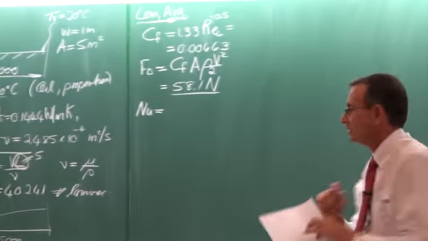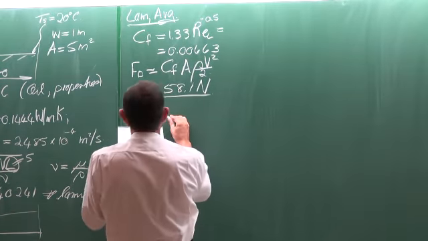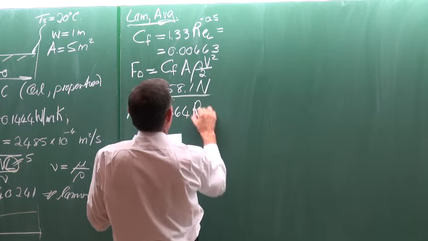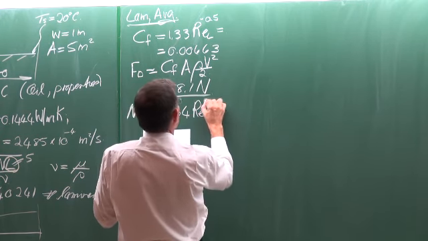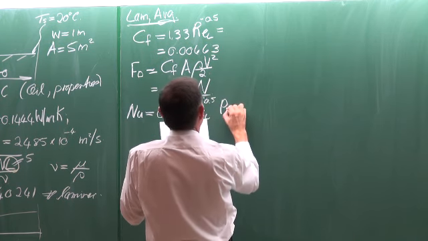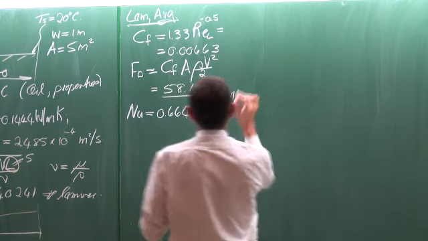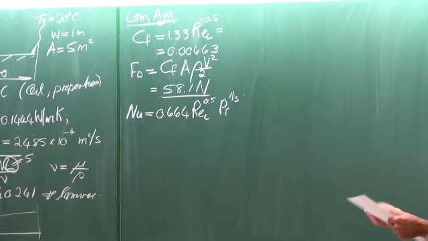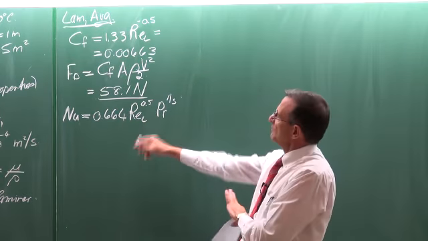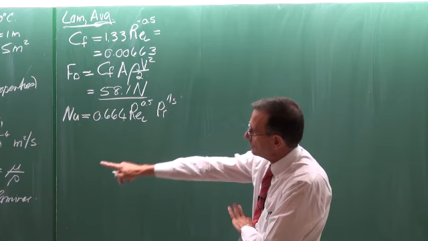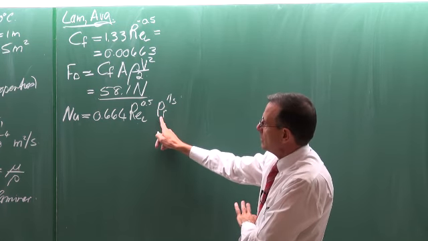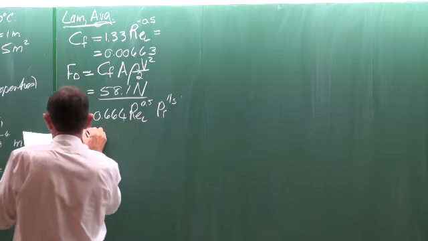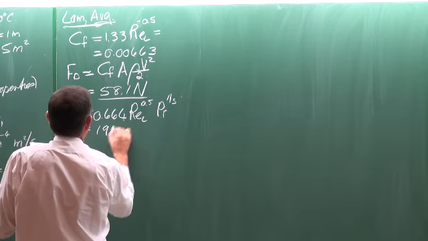So the Nusselt number is equal to 0.664 multiplied by the Reynolds to the 0.5 multiplied by Prandtl to the third. Again, everything elementary. We've got the Reynolds number. The Prandtl number is 2962. Just do the calculation, and the result is a Nusselt number of 1913.